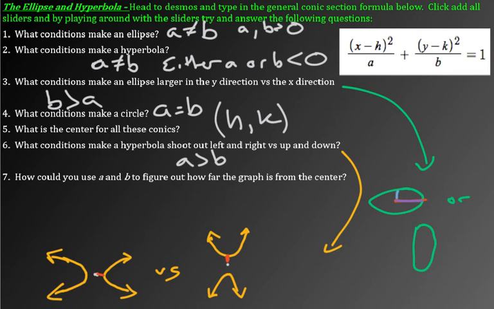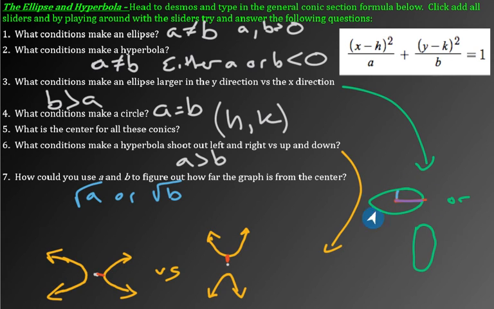But for that A and B, the way you can do it is you can square root. If you square root A or square root B, that'll tell you the distance from the center out, right? B is your vertical one always, and A is your left and right.